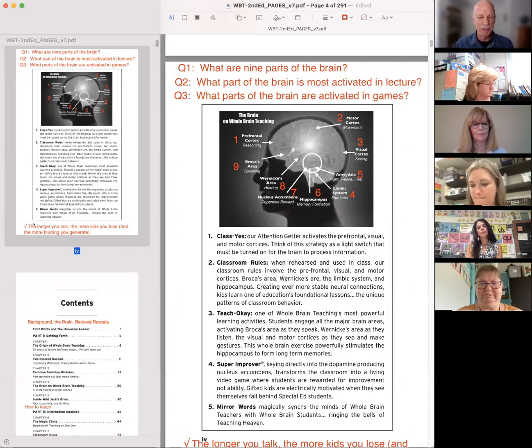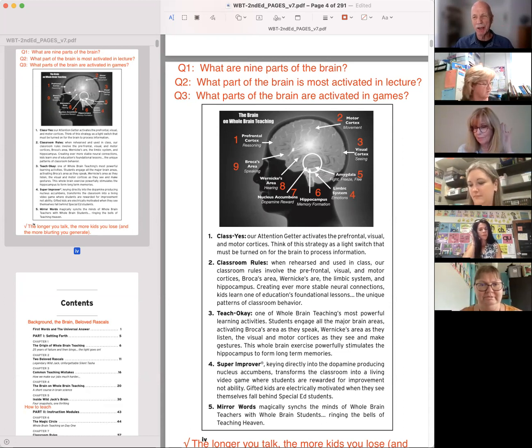Now, if you have a book, you're on page IV. Watch carefully. Here is the 8th part. The 8th part is Wernicke's area. It processes language. It understands language. Show me Wernicke's area.